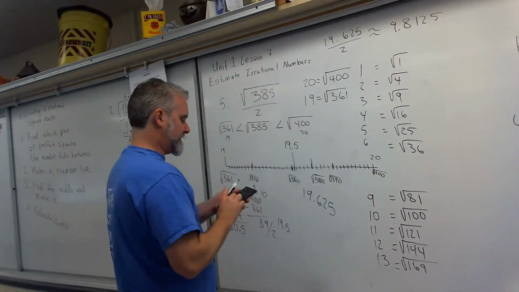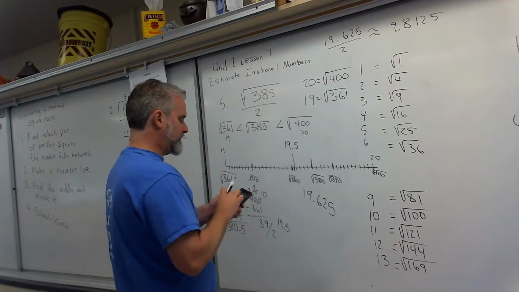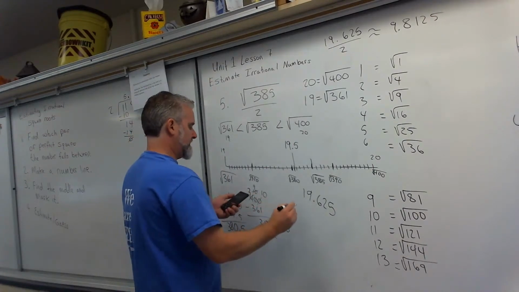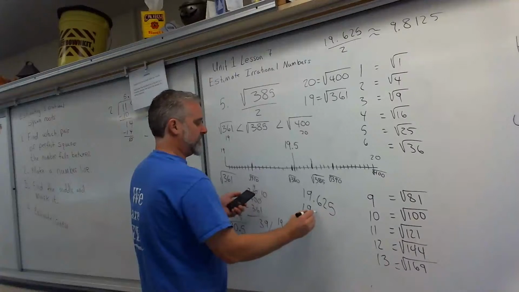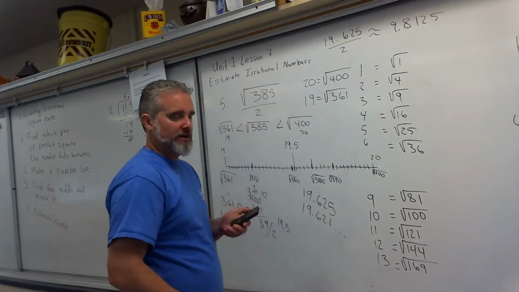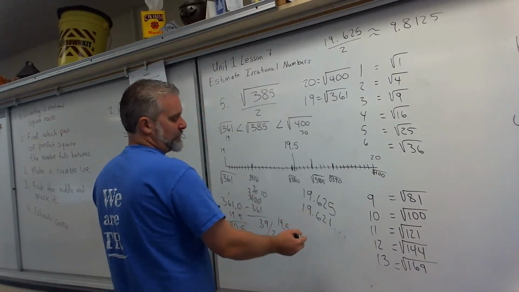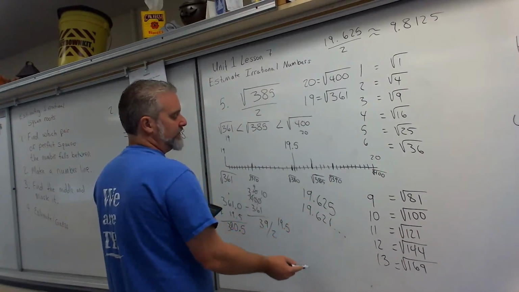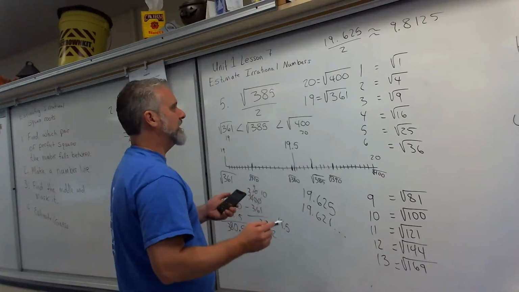Now let's test it out with the calculator for the real answer. Square root of 385, we get 19.621. So pretty darn close again. Tenths place was good, hundredths place was good, thousandths place was off. Not too bad.